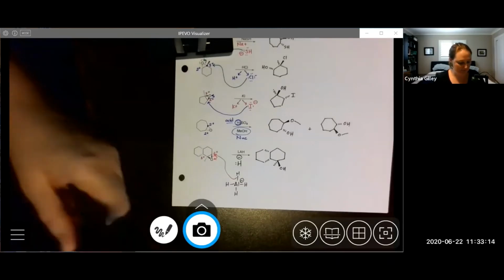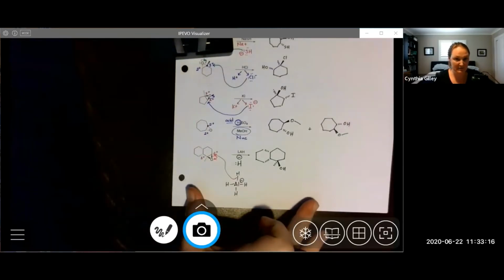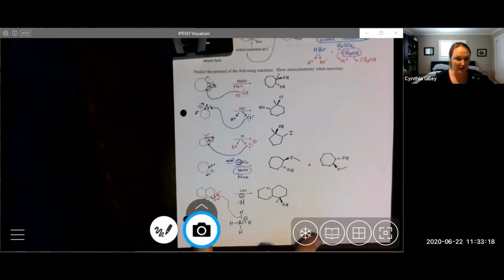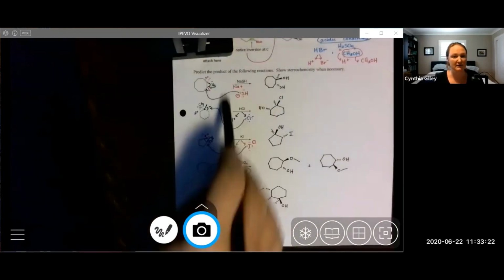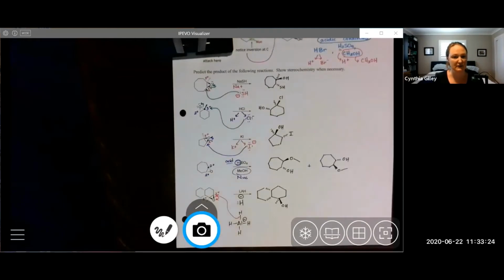Everybody okay? From this, the takeaway is being able to determine whether it's acidic conditions or not. That's going to change the regioselectivity, so that's important to note. And then the nucleophile, where does it attack based on that?